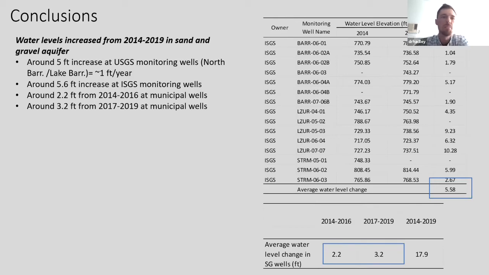So the USGS continuously monitored wells, the wells that we measure periodically, the ISGS wells, and the municipal wells all generally are telling us the same thing. And that's that water levels increased over this 5-year time span.